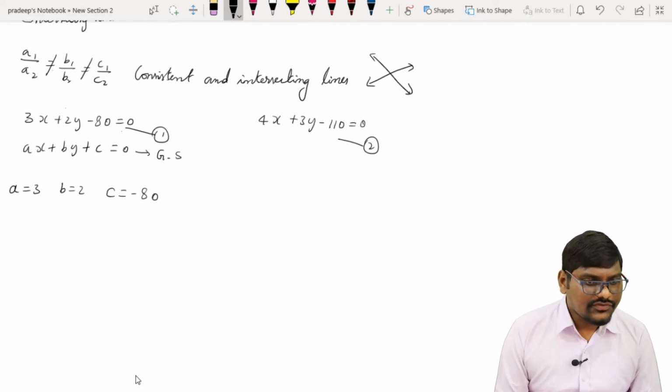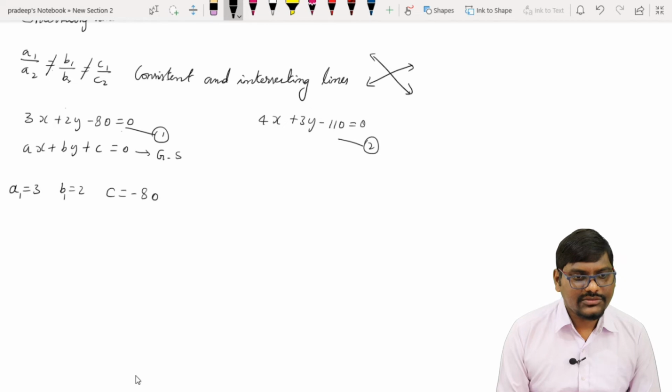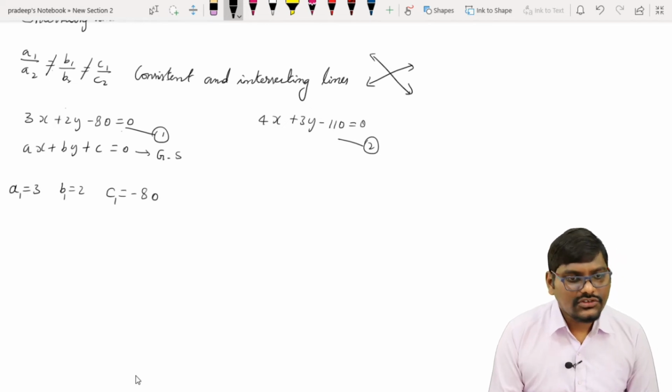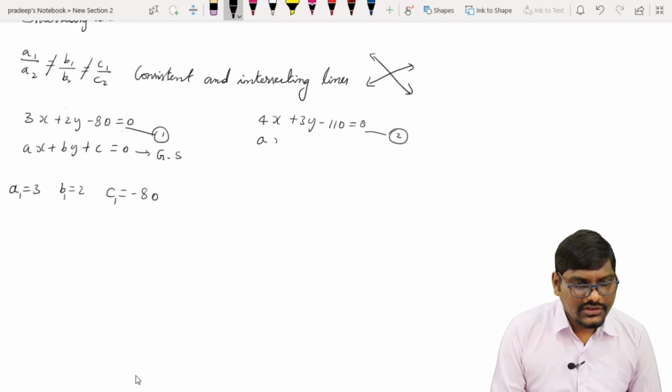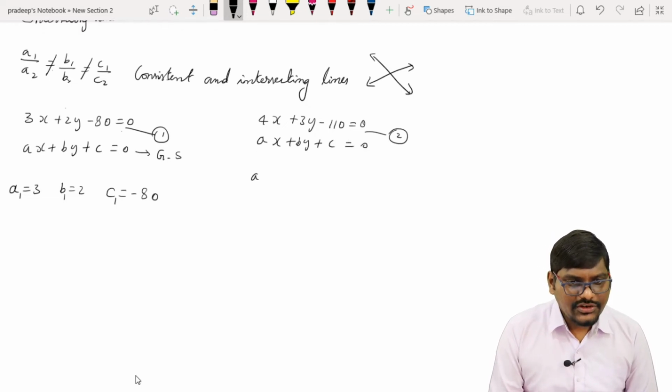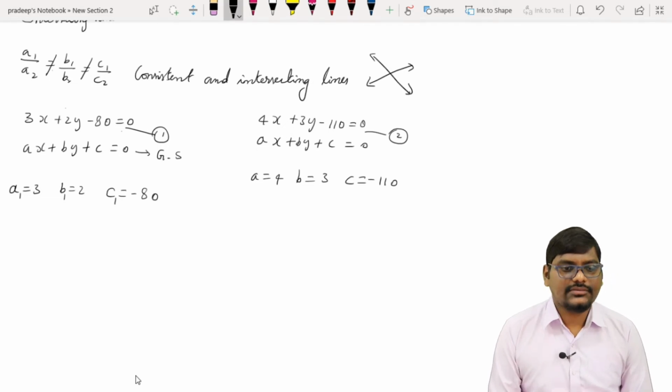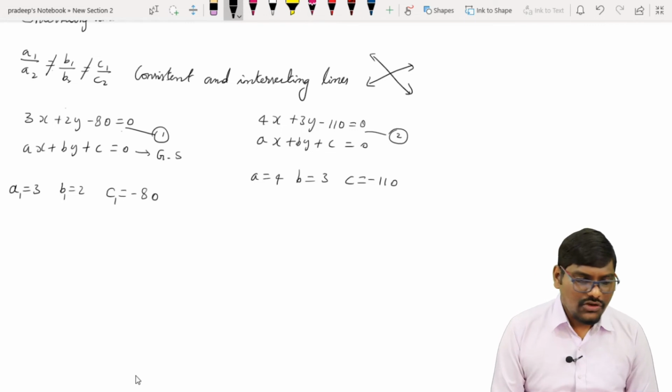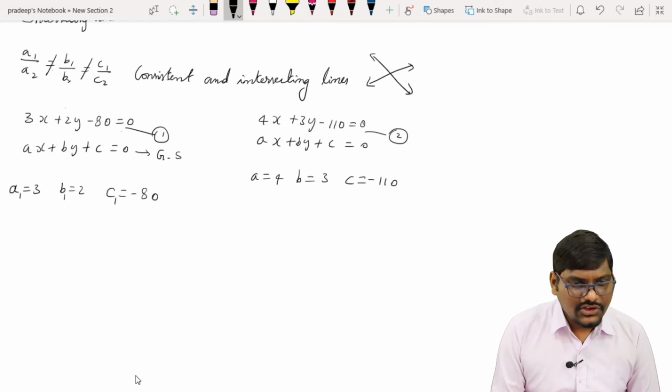Alright, as this is the first equation, I'll take this as a1, this is b1, this is c1. Let's do the same for the second equation also. I'll represent it with the general equation ax plus by plus c equal to 0. Here a is representing 4, b is representing 3, and c is representing 110. So this is a2, this is b2, this is c2.